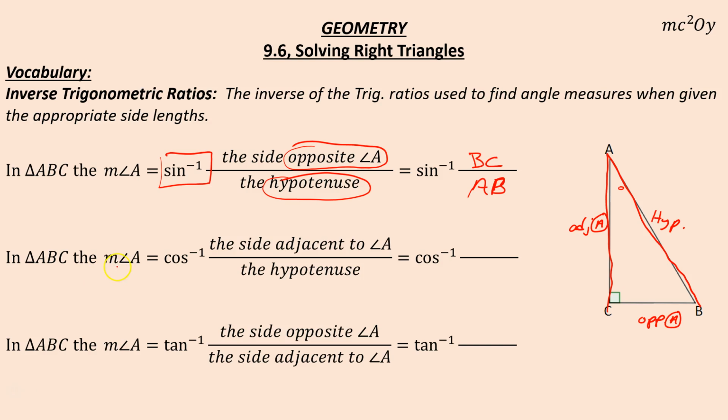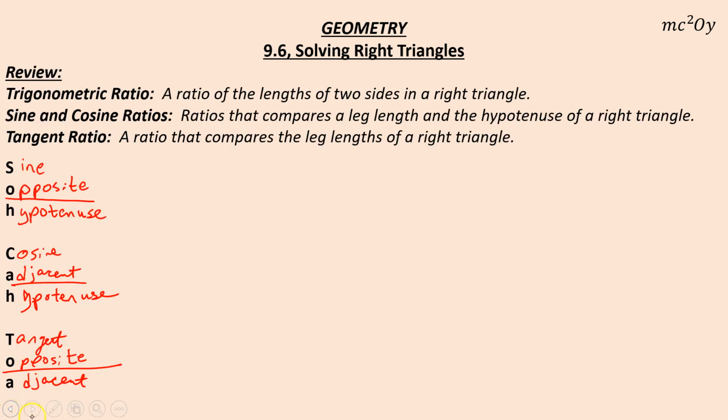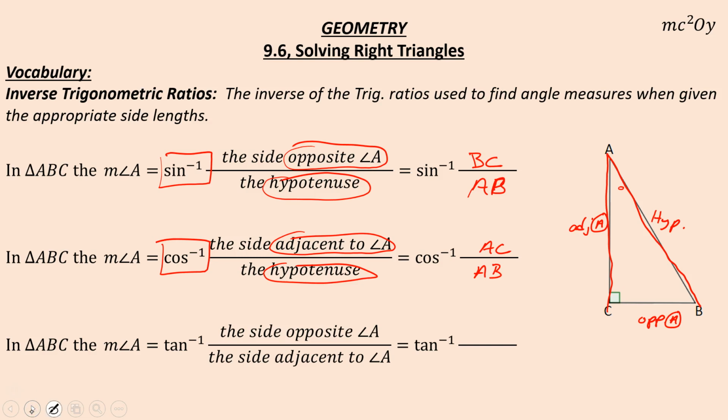Measure of angle A also could be listed as the inverse cosine. The inverse cosine is the adjacent to A over the hypotenuse. Once again, we're dealing with the same ratios, adjacent AC over hypotenuse AB. So the same ratios that we use in our previous are sine, cosine, and tangent here. And then the inverse tangent of angle A, we'd have the opposite of A over the adjacent of A, or opposite BC over adjacent AC.